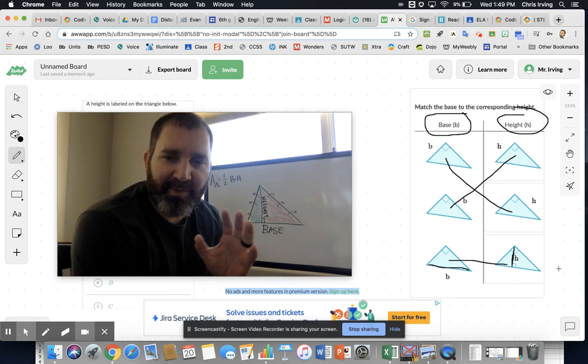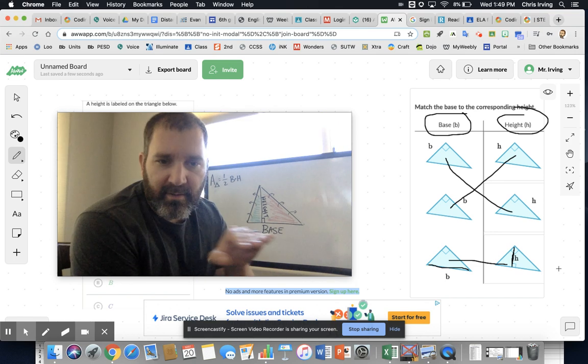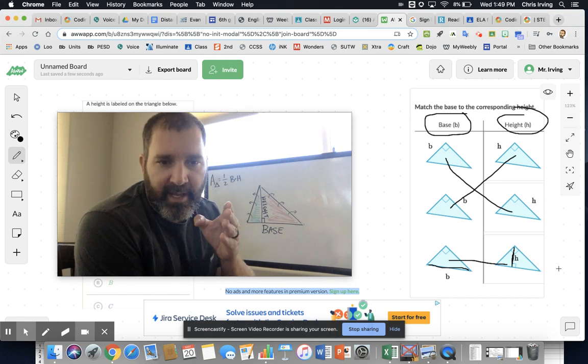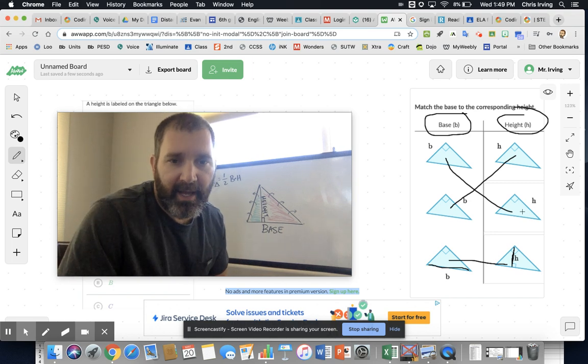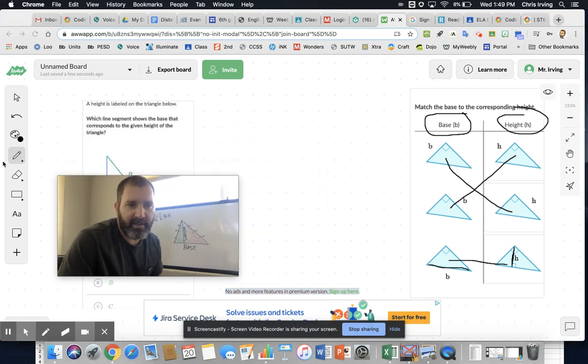It's just being able to identify which part of the triangle represents the base and which part of the triangle represents the height. And also keep in mind, when you have an obtuse triangle, the height could actually be outside of the triangle. Okay, I'll give you a quick example of that. For example, if my triangle is like this, keep in mind that the base is still going to be one of these line segments.